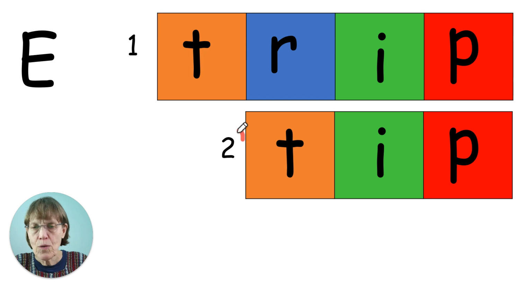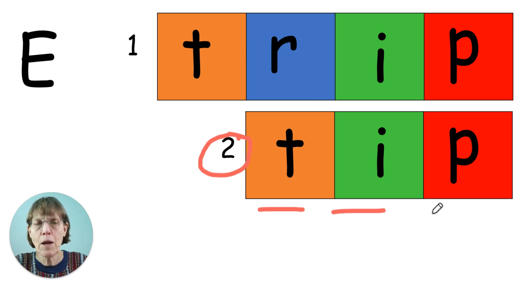But now the word number 2 only has 3 sounds. The R is gone. Drop. We dropped a sound. Now we have 3 sounds. T, I, P, tip.